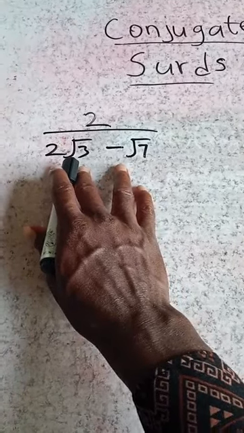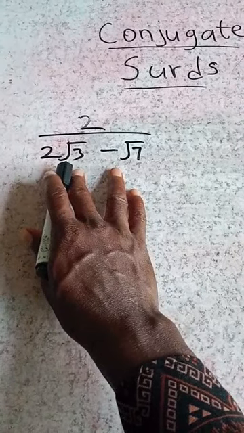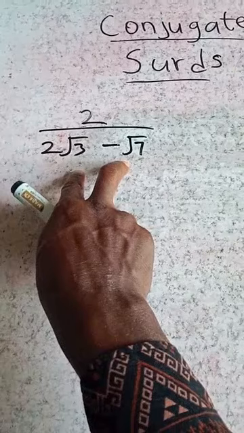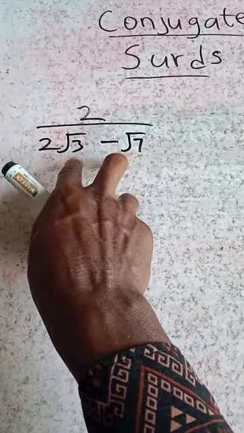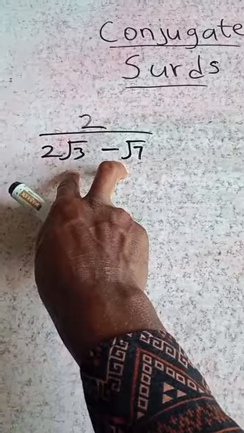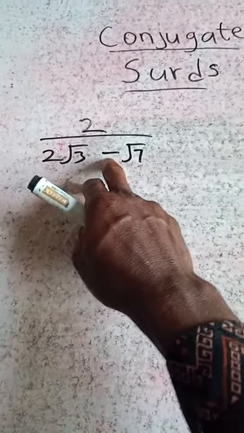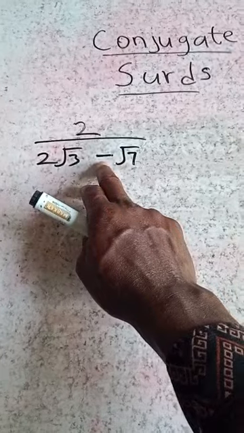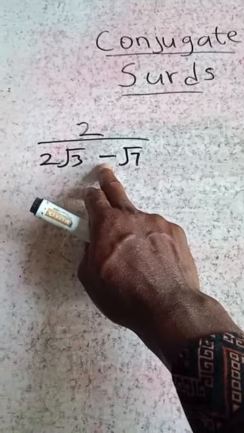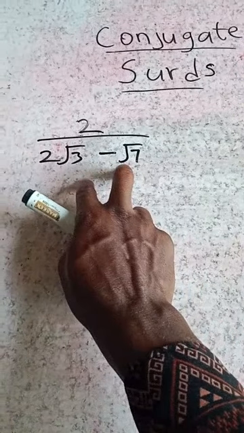But at this question that involves two factors, it's not just by rationalizing, because there are two factors, it means we are going to apply the conjugate principle. That is, if it is minus in between the factors, it will change to what? Positive sign. That is the only way we can eliminate the root in the denominator.